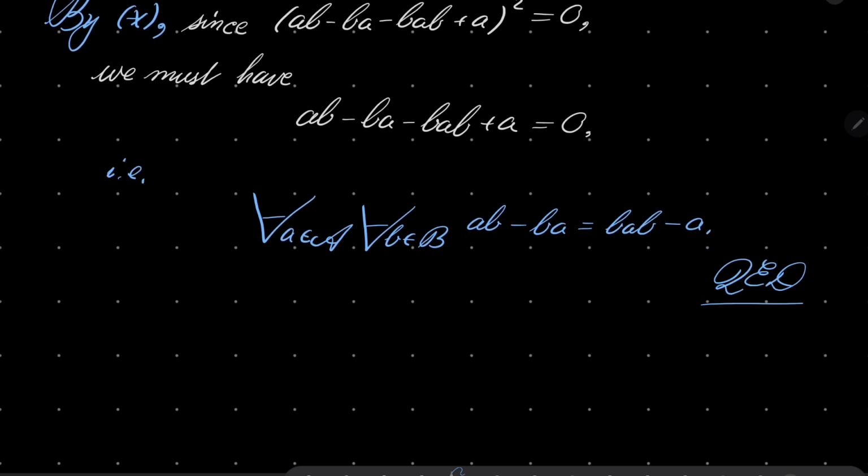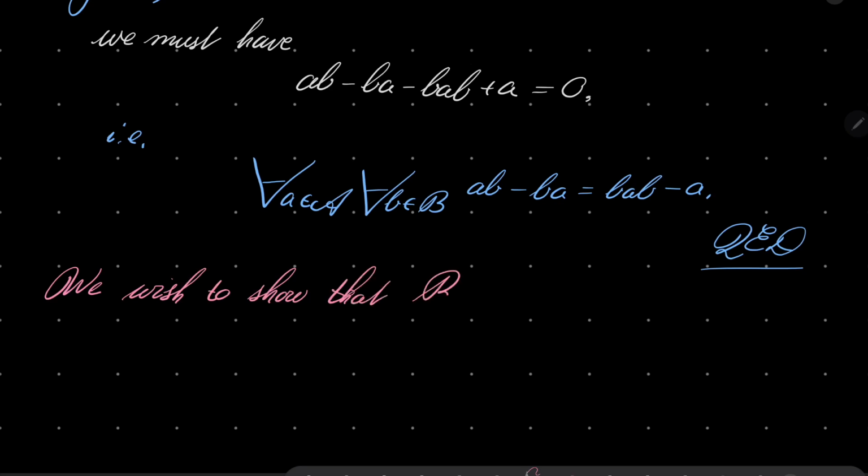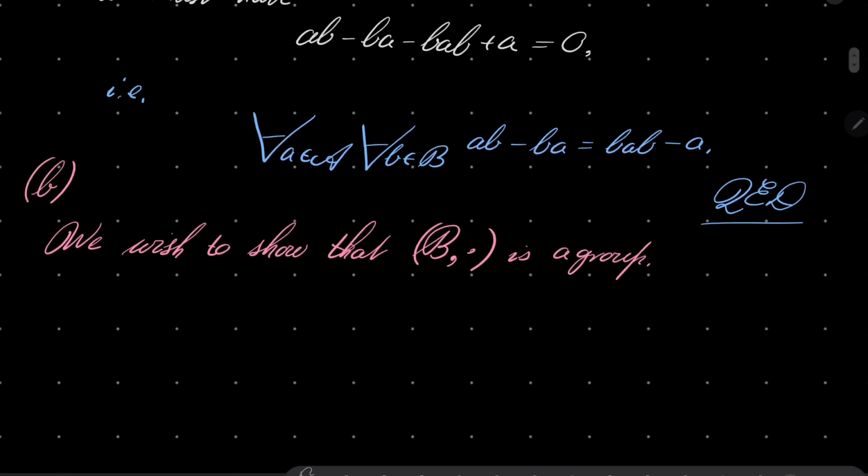Quite easily done. Right. What about part B? For part B, we wish to show that B with multiplication is a group. Yes, and to do that, we need to do three things. First, we have to establish that 1 is in B, but it is.